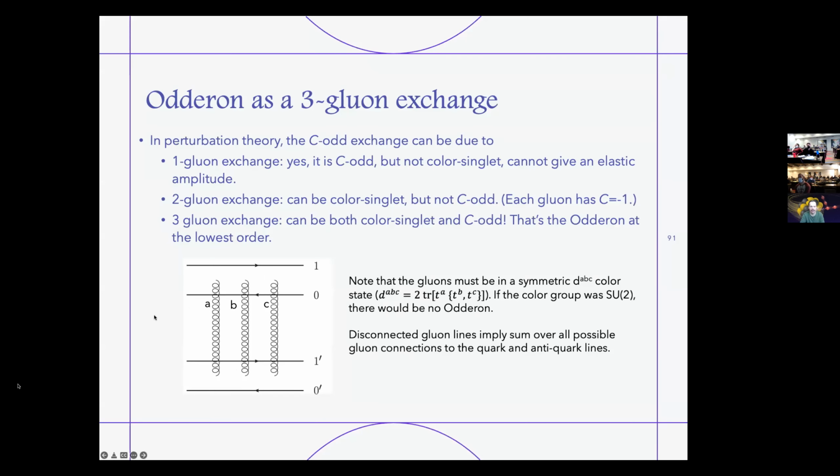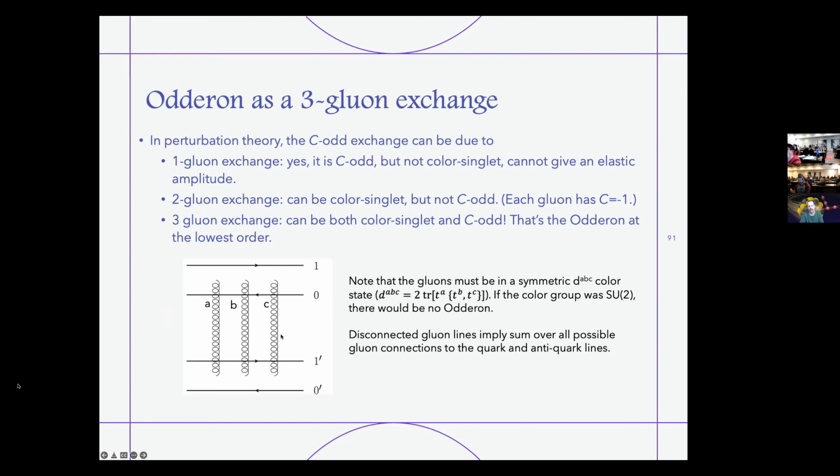The odderon is very simply this: I always talked about 2 gluon exchanges in the t channel. The odderon is a 3 gluon exchange in the t channel, say between a dipole and dipole scattering. But these 3 gluons have to be in a d^{abc} completely symmetric color state, and this exchange results in a C-odd object.